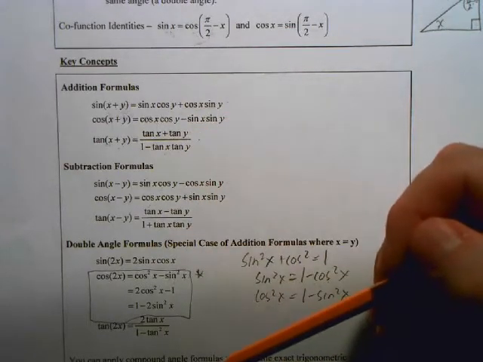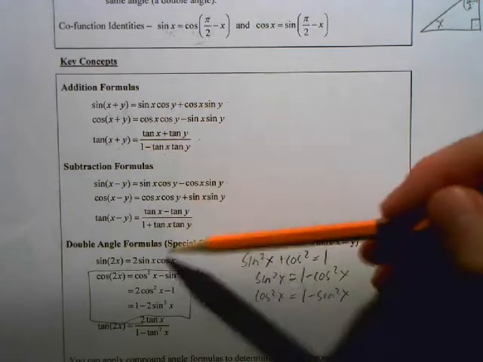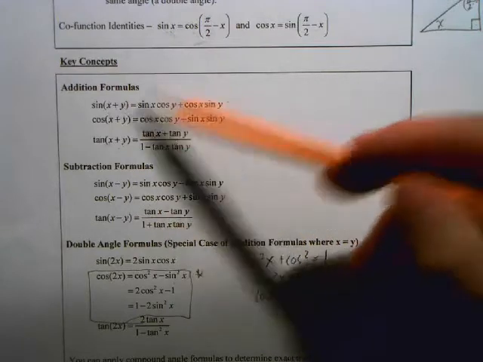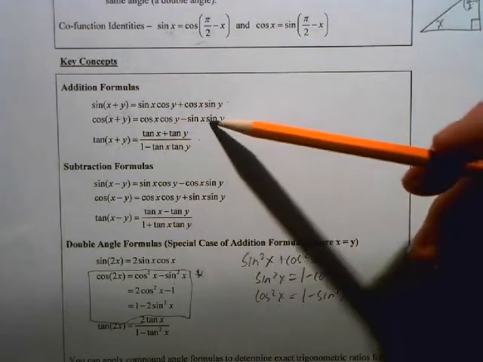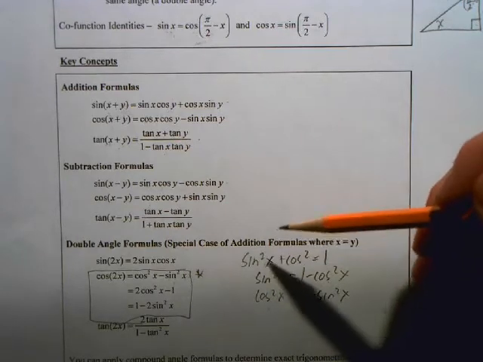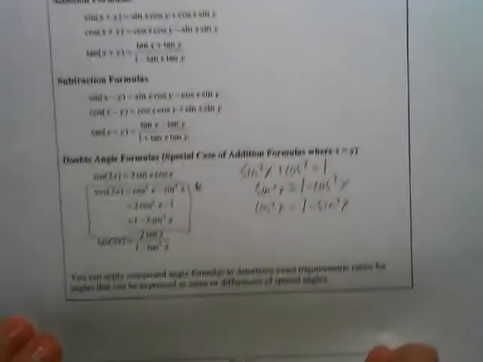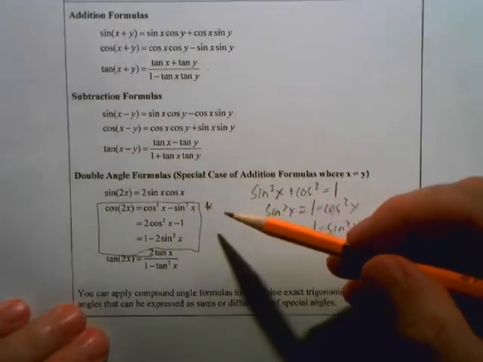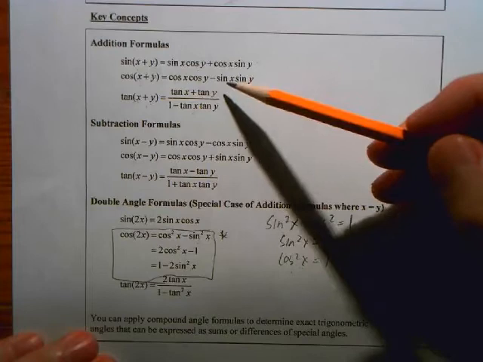So, I don't want you to have to memorize all 6 of these. Hopefully you just remember the relationship, understand these, and know the pattern to come up with the subtraction formulas. And like I said, the double angle formulas, for sure you should not memorize these, because it's really just taking the addition formulas.